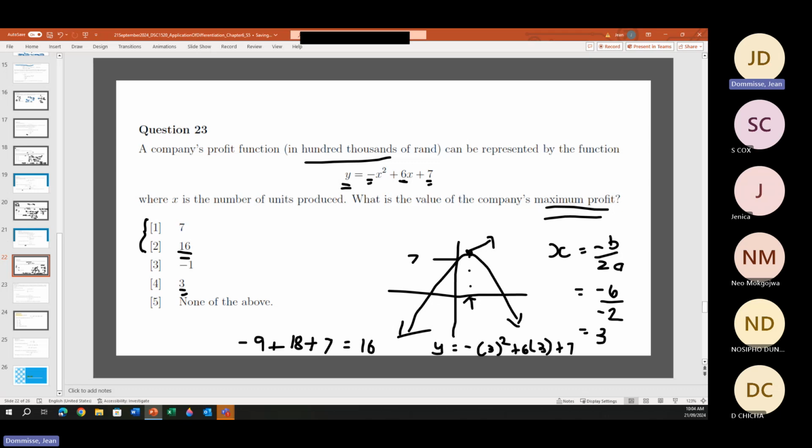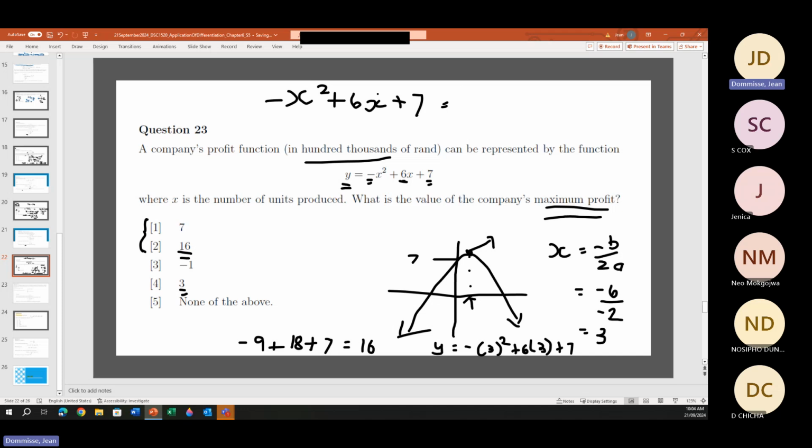And then we can also differentiate. You can differentiate that and set it to 0. Why I wanted to show you both is so that you can decide which one is easiest for you to do.